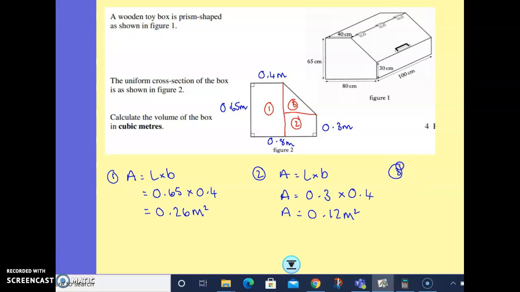Third one, it's a triangle. Every triangle is a half times base times height, which is a half times base of the triangle, my 0.4. I've not left myself enough room here. Let me just move this over a bit.